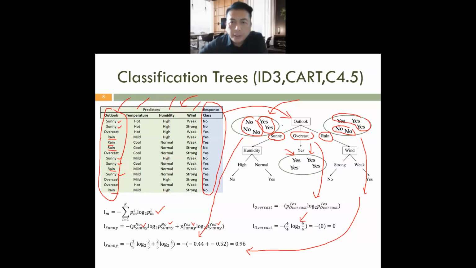So the entropy for this and this and this one. By computing the total entropy when we split the data using the outlook, we can also compute the entropy when we split the data using temperature, humidity, and wind, and then we can pick the best one.